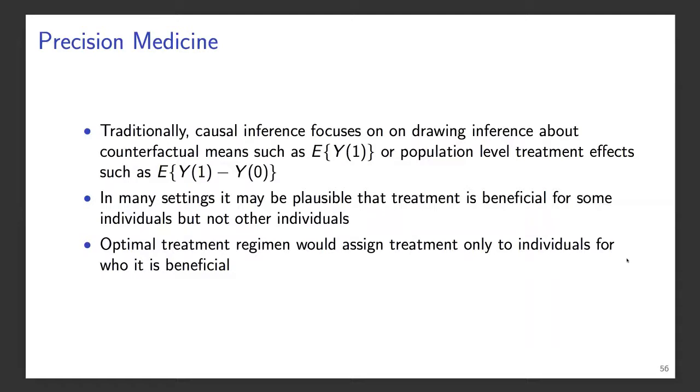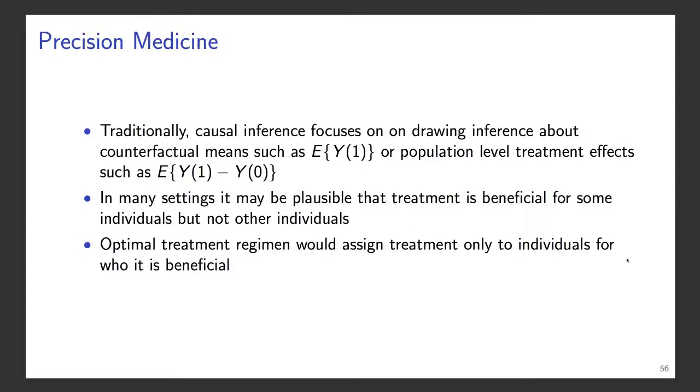Whereas the approach I described today considered settings where everyone got treatment versus no one got treatment, in precision medicine we ask a slightly different question: what would be the best way to assign people treatment? Ideally, you would give treatment only to those individuals for whom it benefits.